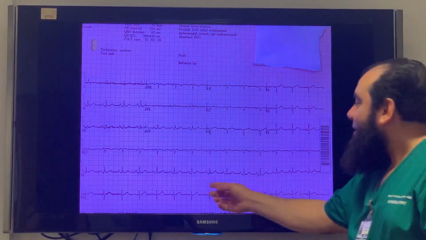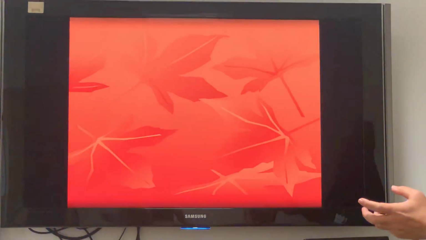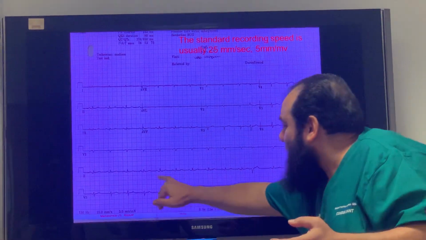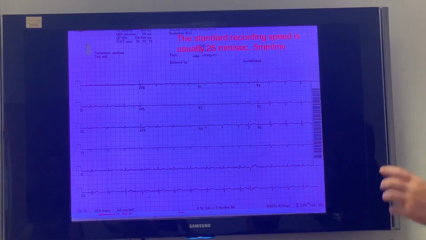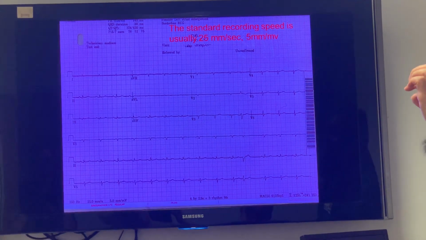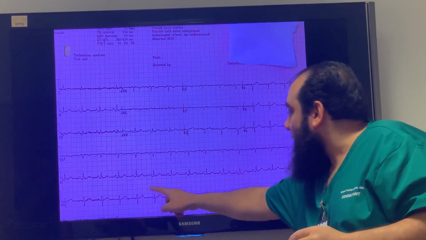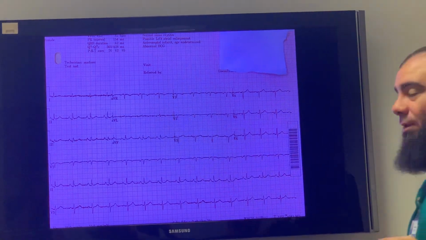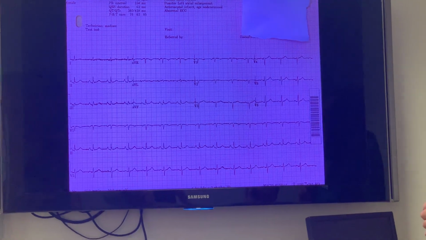Now we can even see a P wave, we can appreciate a P wave. Can you come back there? It's a very small one. No P wave can be observed here or there. It's so difficult, because changing the calibration really makes a difference. Here we can appreciate the P wave everywhere. The complex is bigger. Is that right?